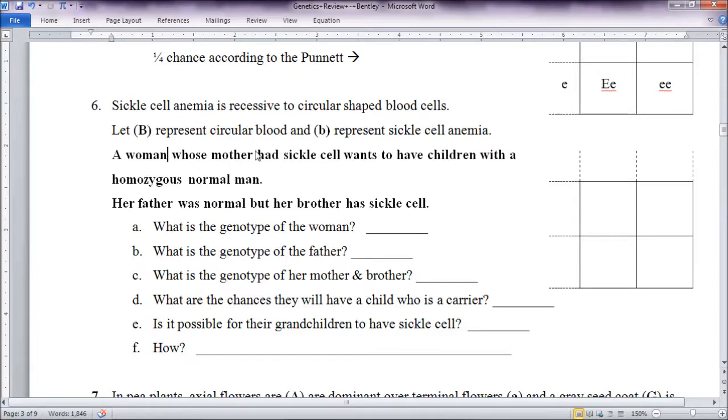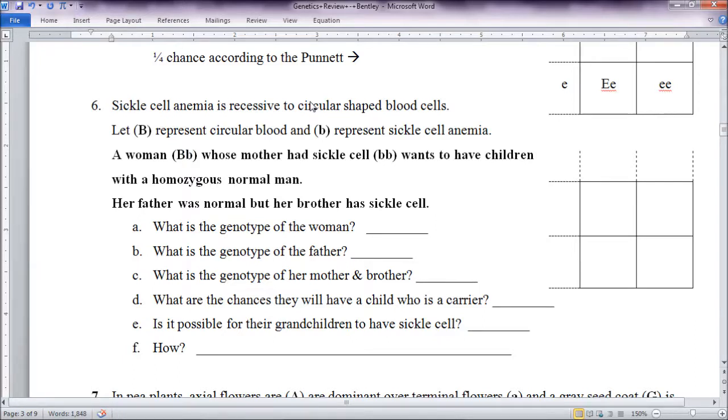Because if they had that condition, that must mean that the mother had little b. And so the woman must also have a little b. Now if the woman had sickle cell anemia, we would have let you know. Instead, what we let you know is that she must have inherited this little b from her mother.